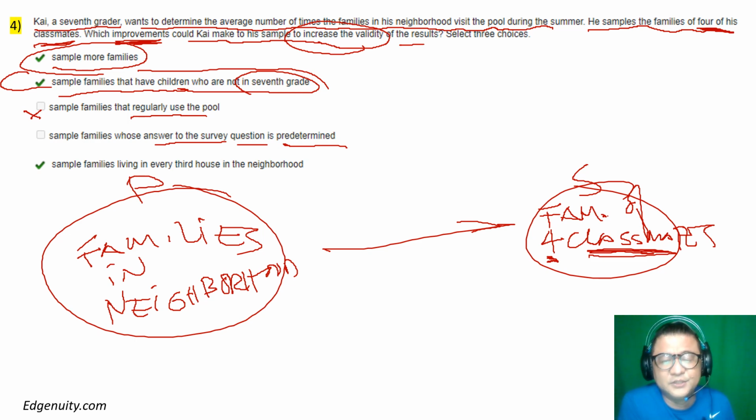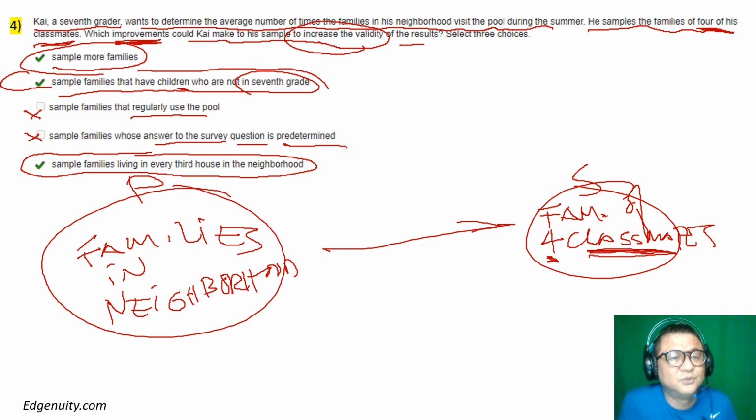No, they already know the questions and the answers. Sample families living in every third house. This makes sense. Every third house can make it random. So check, check, and check. That's how you make a good sample.